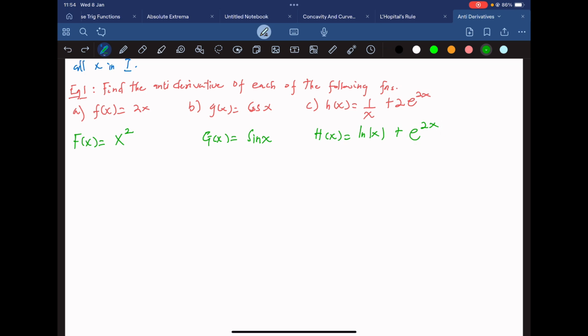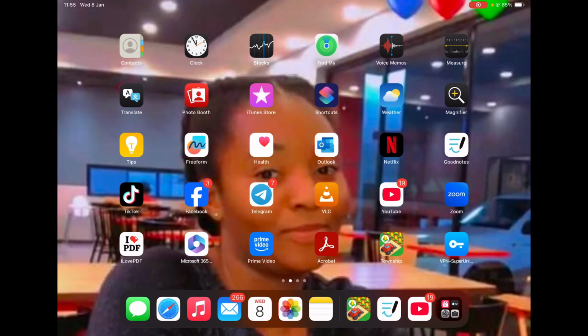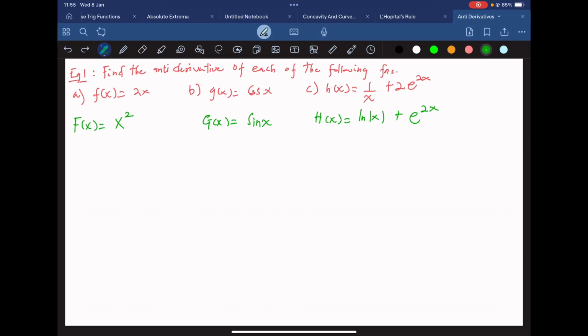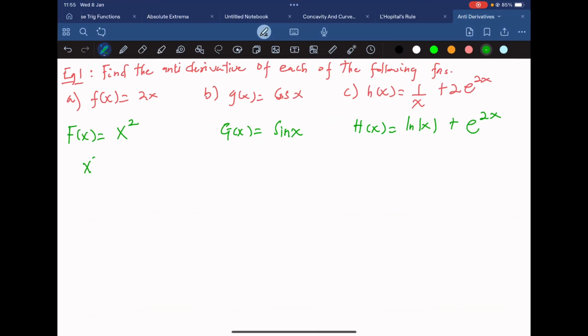Now, remember, for instance, the first one, having x squared is not the only function whose derivative is 2x. Let's say you have x squared plus 5.